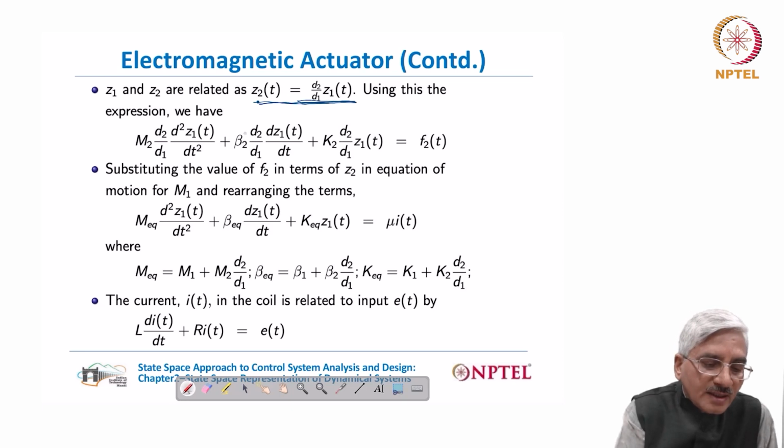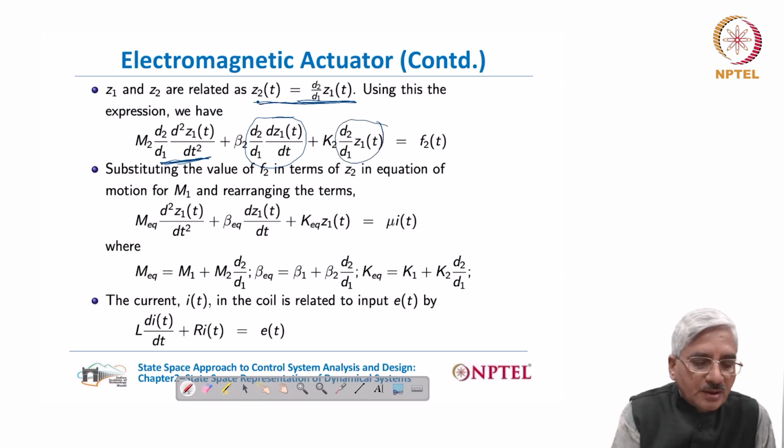And so the second equation converts like this: M2 into D2 by D1 into d2Z1 by dt square. This is the expression for d2Z2 by dt square. This is for dz2 by dt in terms of Z1, and this is for Z2 in terms of Z1.